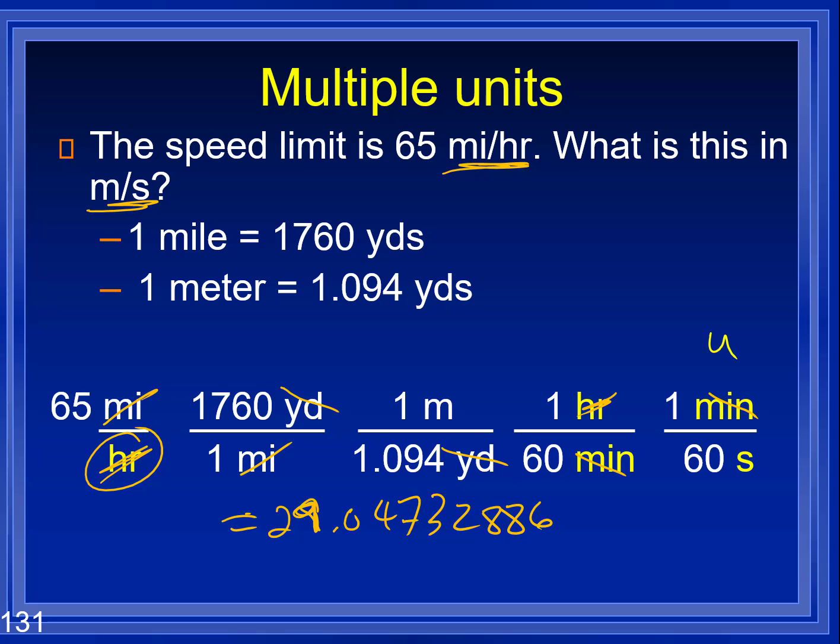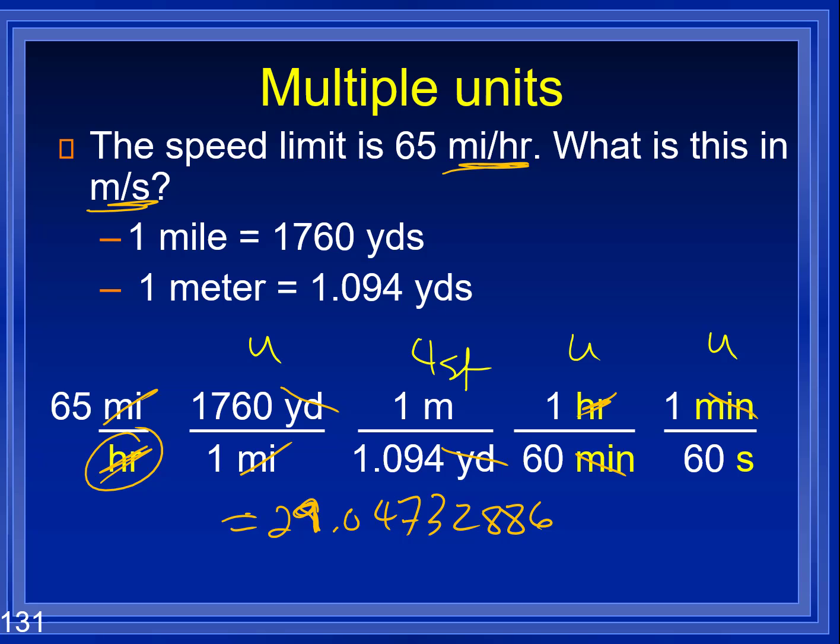So that's unlimited. 1 minute, 1 hour, 60 minutes. Same system or different? Same. Unlimited. Meters and yards. Same or different? Different. So how many sig figs there? 4. Okay. 1,760 yards is 1 mile. Same or different? Same. So it's unlimited.